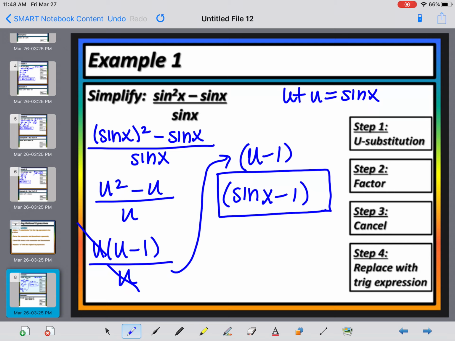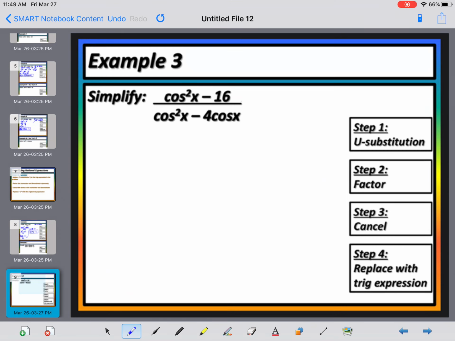So the same rules for simplifying rational expressions still hold. We're just doing a u substitution in the middle so that it is a little bit easier for our eyes to look at the problem we're trying to do. All right, let's just do a few more.